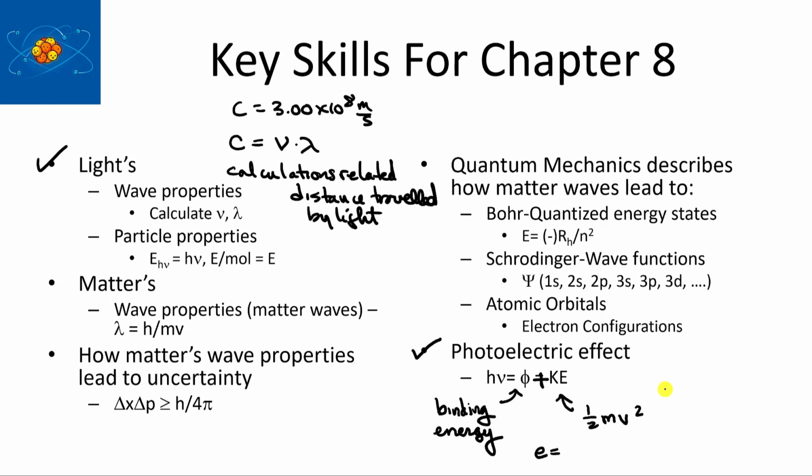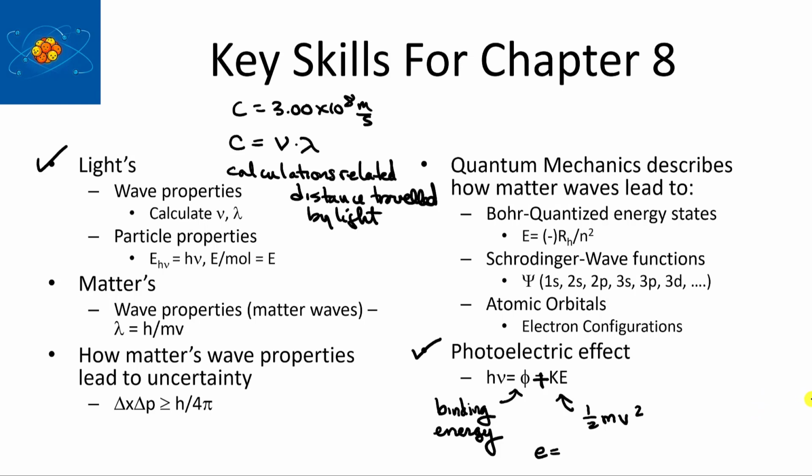And we also talked about relationships between the amplitude of the wave and the number of photons released, as well as the frequency in relationship to the velocity of the electrons released.